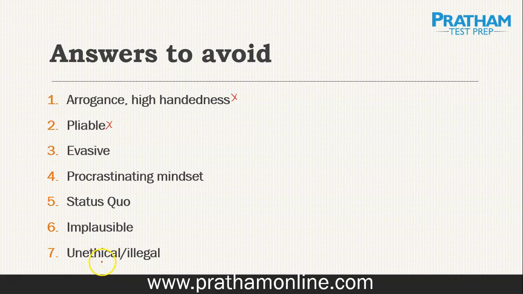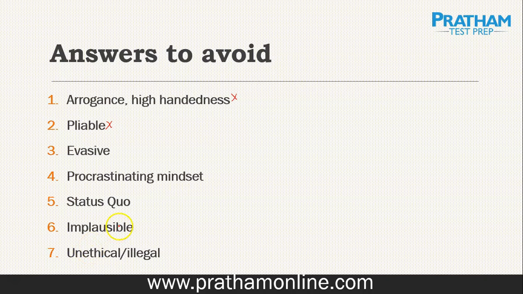It should be for the benefit of many, not the benefit of one. Even if at the cost or the loss of one it benefits many, there's a very high probability that will be the answer. So make sure you do not get detracted from this ethical element. You should stay to ethics. Unethical or illegal issues should not be taken as a part of the answers.